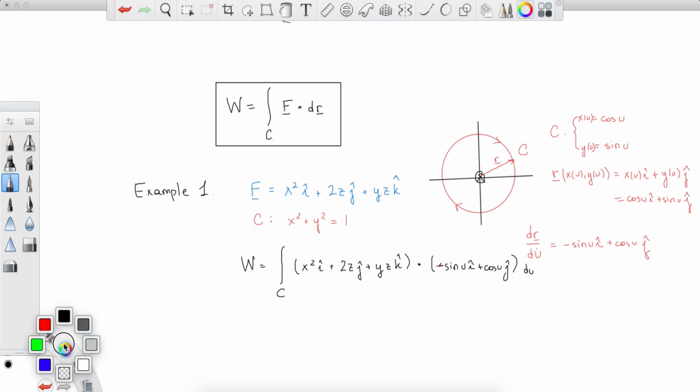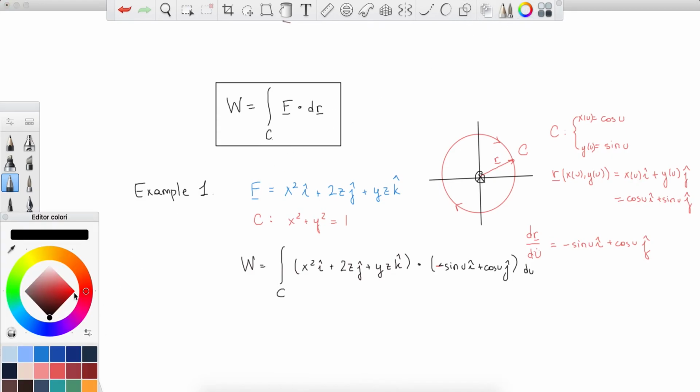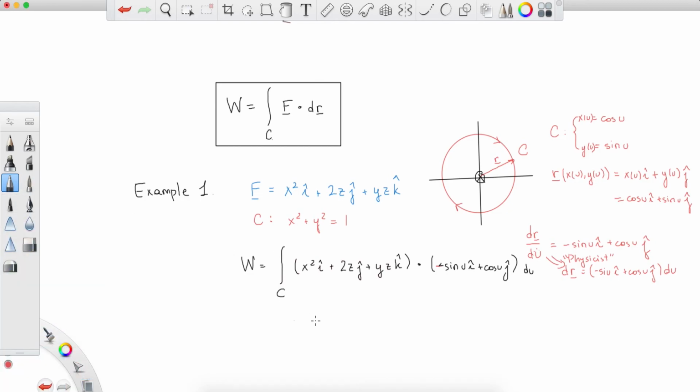Because in the physicist way of thinking, what we could then do is just write dr equals negative sine of u i plus cosine of u j du. This is kind of the physicist way, just multiplying by du. There's a more rigorous way, but this is a physics course, so I'll just keep it at that.